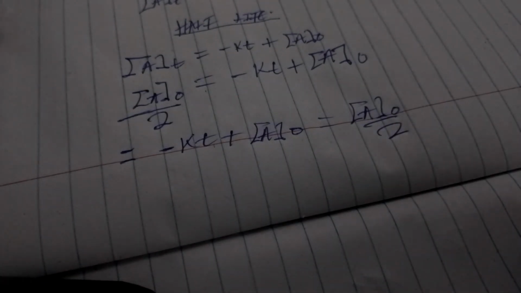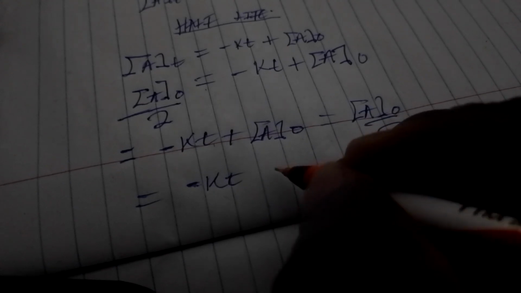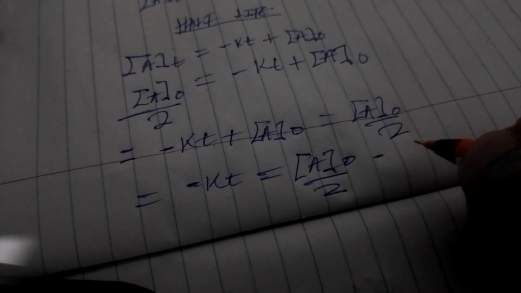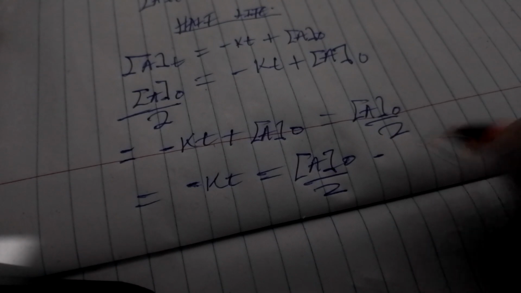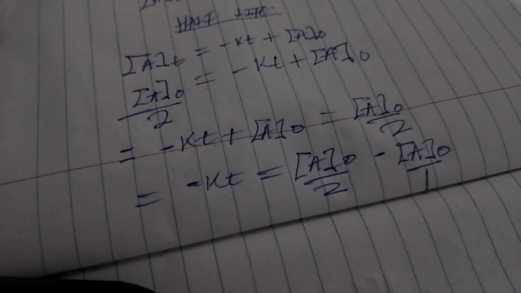What's going to happen once you try to do this? We collect the right terms. We say negative constant time is equal to initial concentration divided by 2 minus initial concentration over 1.